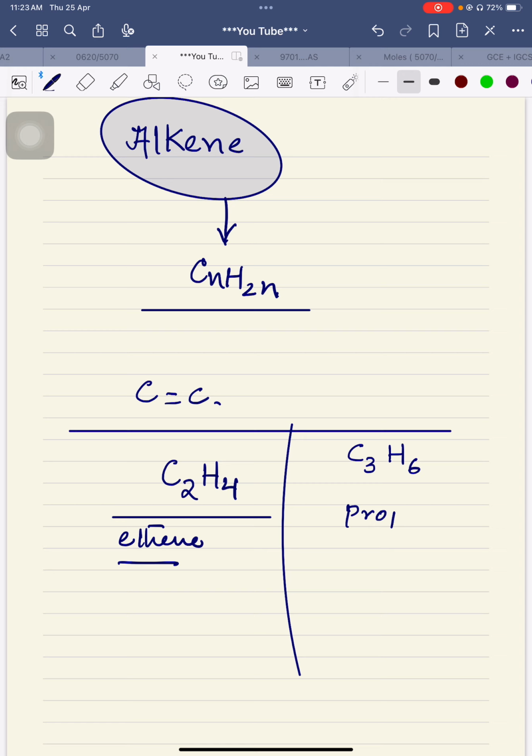Guys, I would like to inform you that here I am just telling you that according to the general formula, this will be the name. But remember that there are specific naming rules for organic compounds.